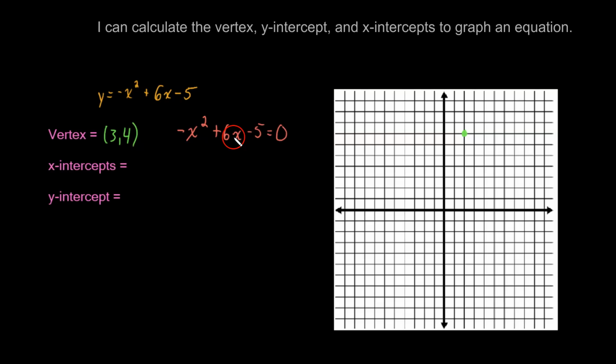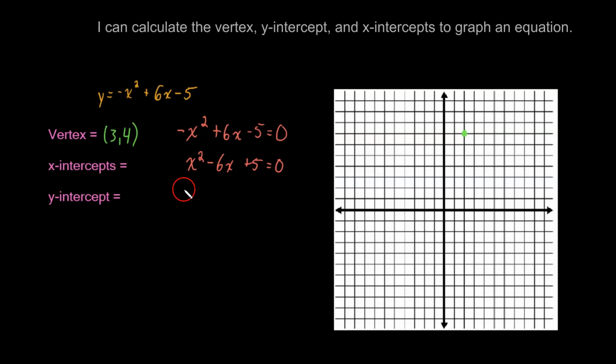So I'm given negative x squared plus 6x minus 5 equals 0. I'm going to divide this whole thing by negative 1, so that way I don't have a leading coefficient of negative 1. So all that does is change the sign, so this is equal to x squared minus 6x plus 5 equals 0. Now I'm looking for factors of 5 that add up to negative 6.